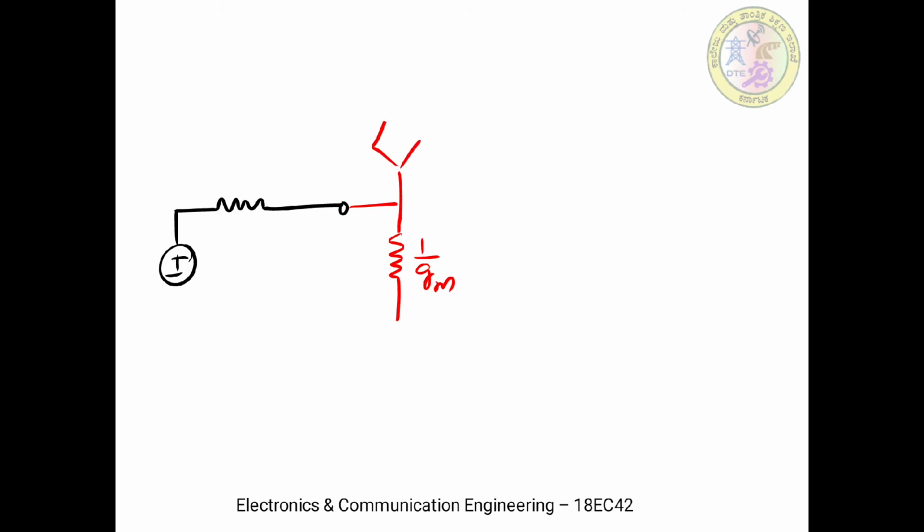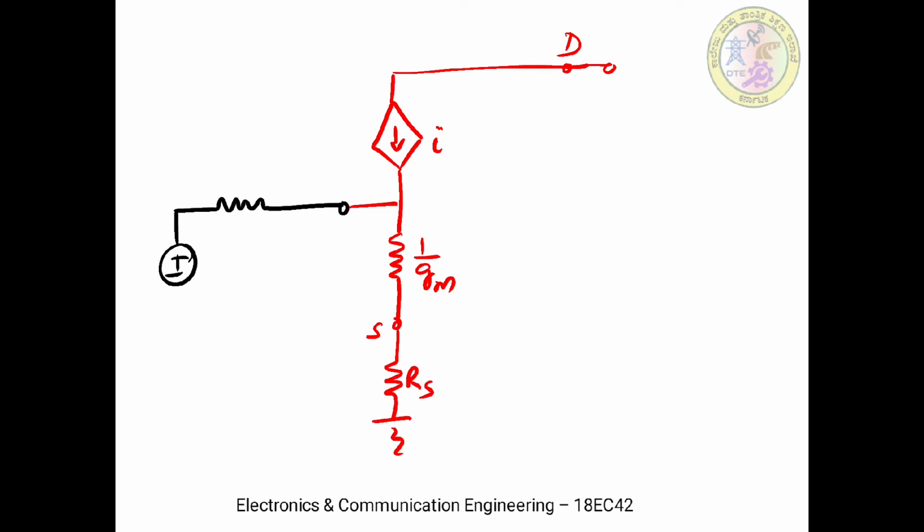So the equivalent diagram, we have R signal, and then the MOSFET equivalent diagram, it is replaced by 1 by Gm, and then here a dependent current source I, and here we have the drain terminal D, and this is the source terminal, and to the source terminal we have RS connected.